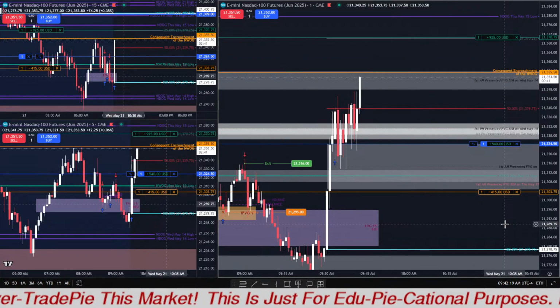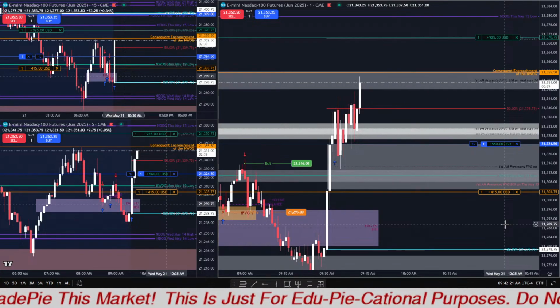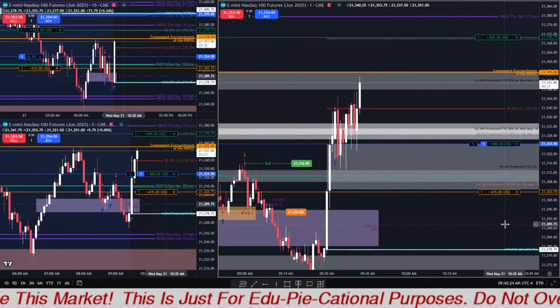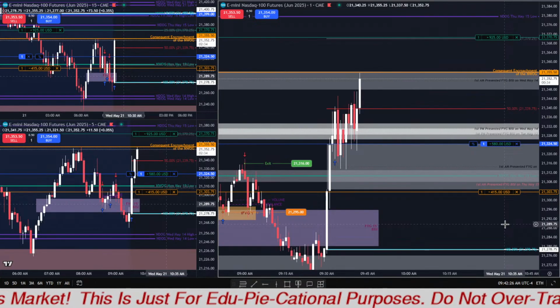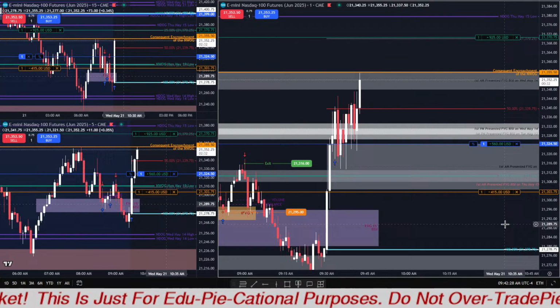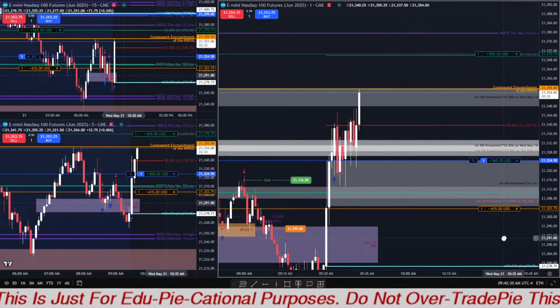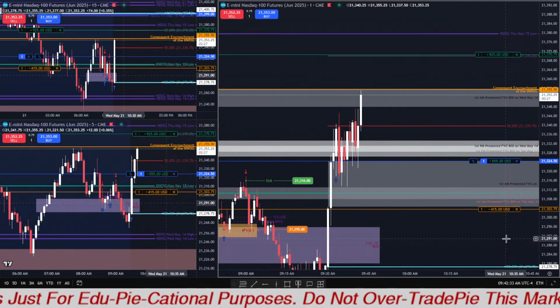We traded inside the first presented fair value gap of last Wednesday in the morning session and the consequent encouragement of the current new week opening gap, just one tick below that.